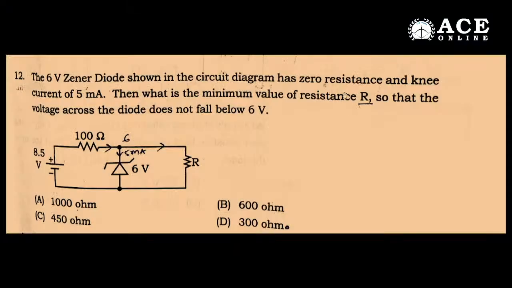The 6 volts Zener diode shown in the circuit diagram has 0 resistance and a knee current of 5 milliamperes. Then what is the minimum value of resistance R, so that the voltage across the diode does not fall below 6 volts?